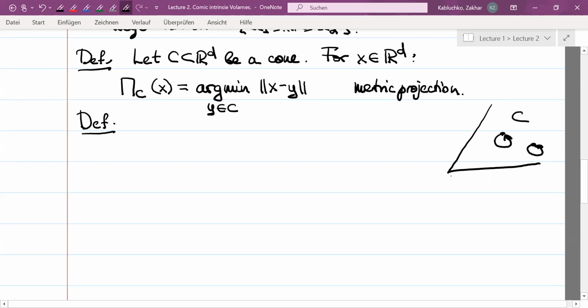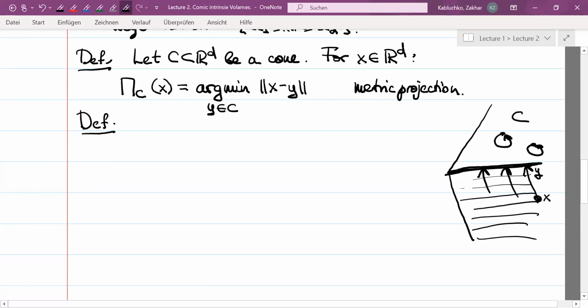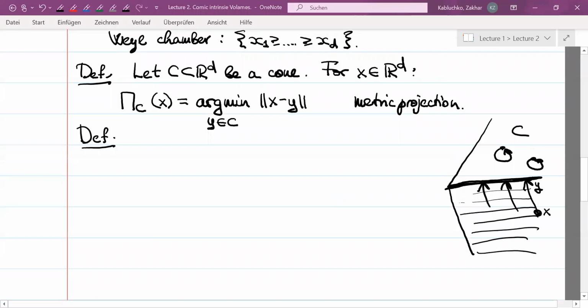But there are some points which are projected to this face, this one, namely all points which are here. So all points here, if this is x, then this is the projection, right? And all these points which are here project to this face, to F1. Now, if this is F2, then there are also points which are projected to F2, namely these ones.